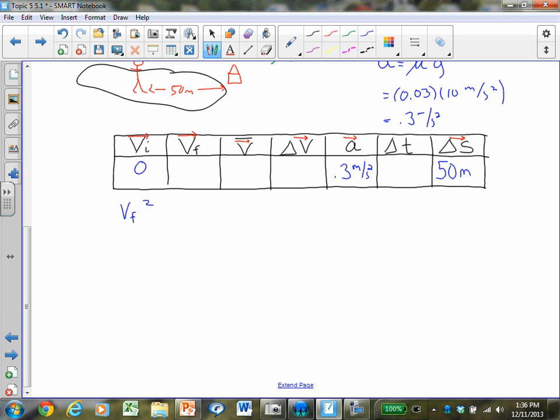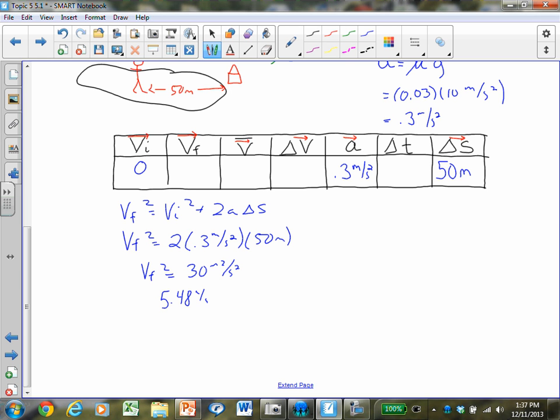We could do Vf squared equals Vi squared plus 2a delta S. So Vf squared equals 2 times 0.3 meters per second squared times 50 meters, or 30 meters squared per second squared. And the square root of that is 5.48 meters per second for Vf.